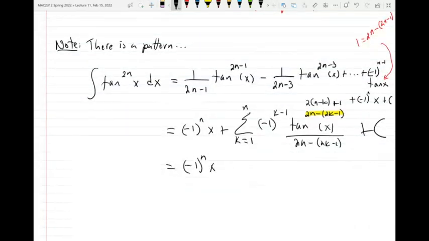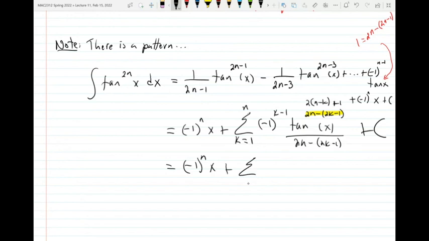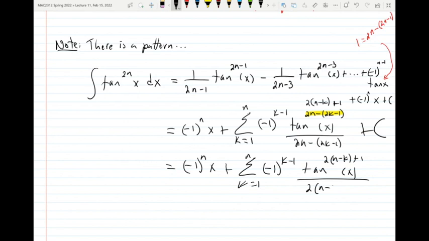So then -1 to the n x plus the sum from 1 to n, -1 to the k minus 1 of tangent to the 2 m minus k plus 1 x over 2 m minus k plus 1, and then plus your big C.